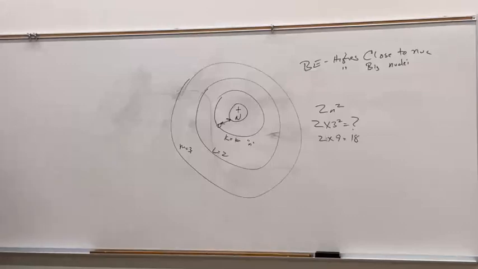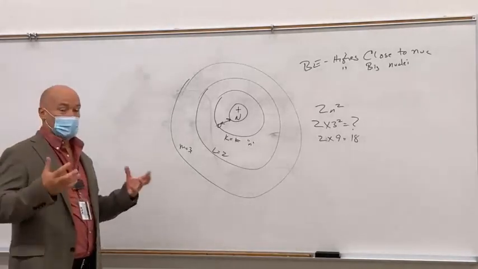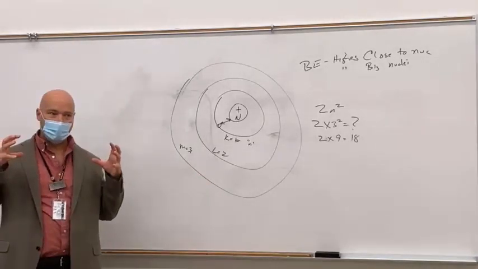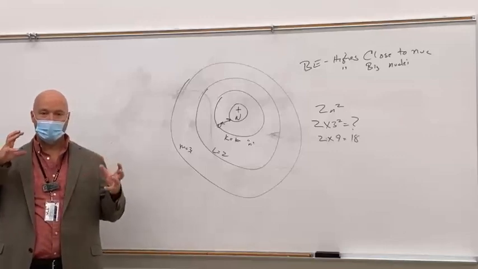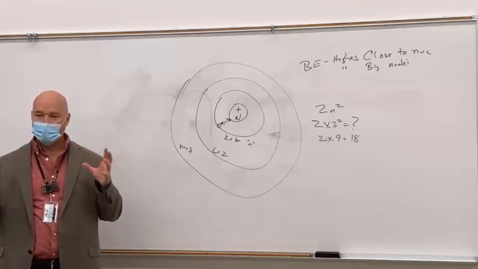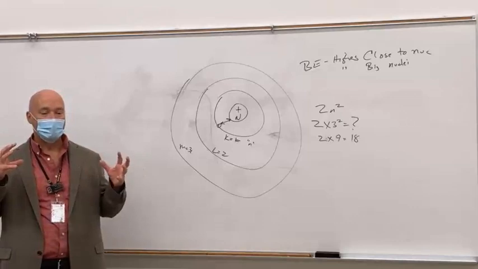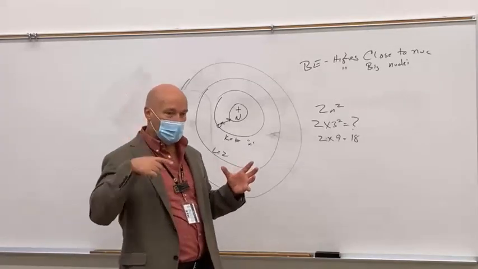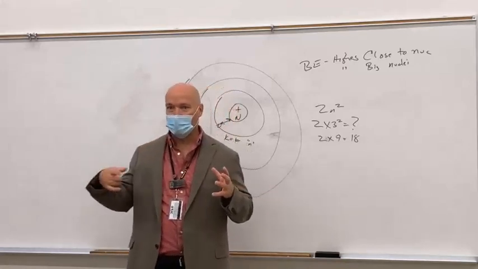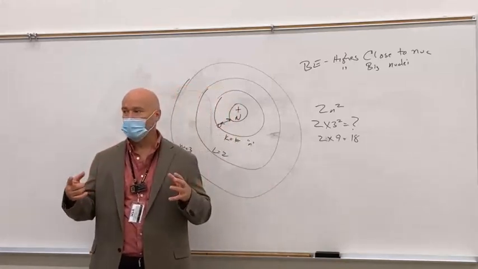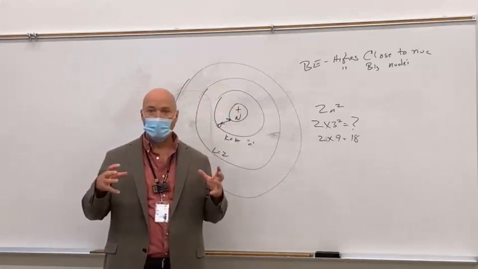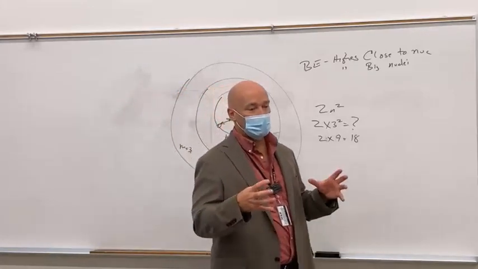One is gravitational pull, that's your centripetal force. And if the two don't basically equal each other, then you're going to have a problem. So one is the speed of the electron as it travels around the nucleus, and the other is the gravitational pull. You've got to have both of them working together.